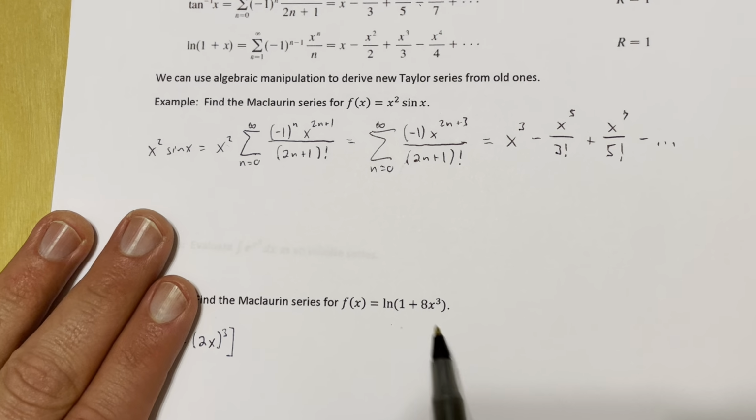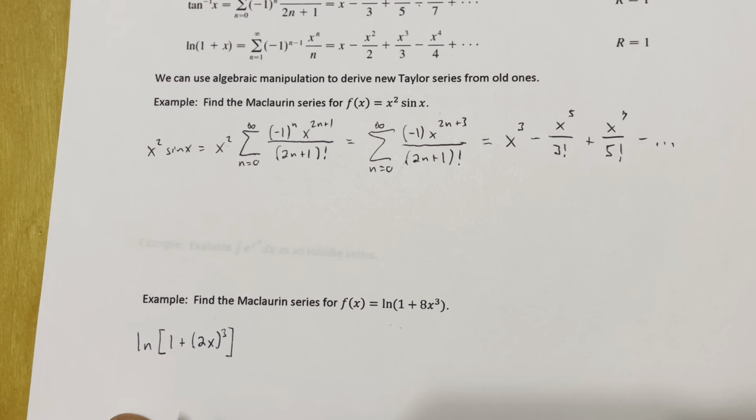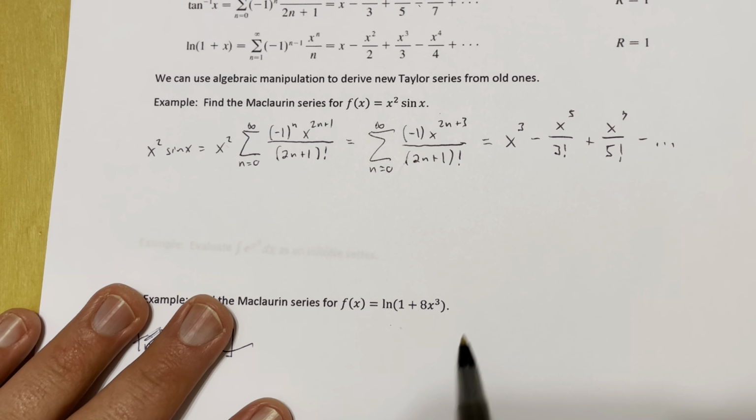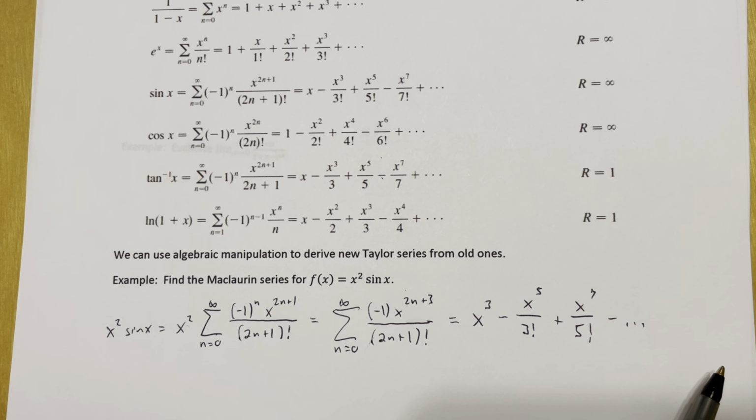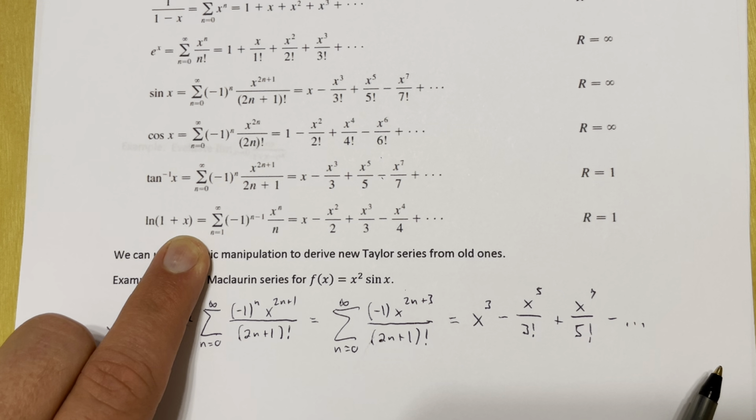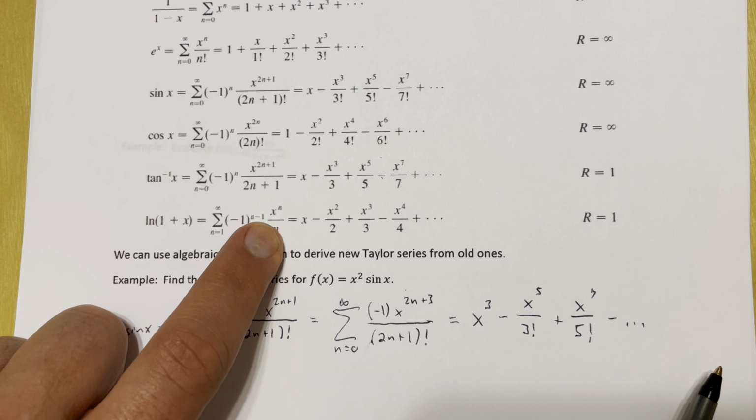In fact, now that I think about it, we don't even need to have it in this form. It's actually fine to just leave it as an 8x cubed. So basically what I'm doing is I'm taking that 8x cubed and substituting it in for the x here, which would simultaneously mean that I substituted in for all of the x's here.